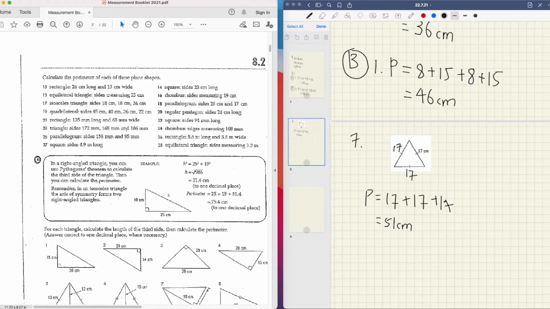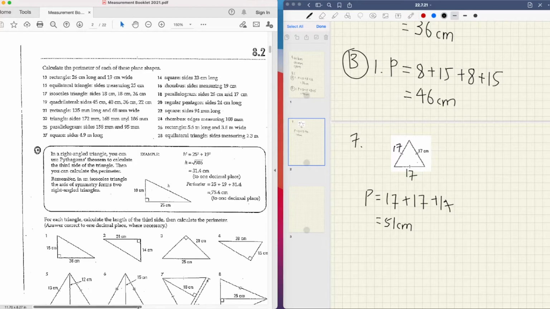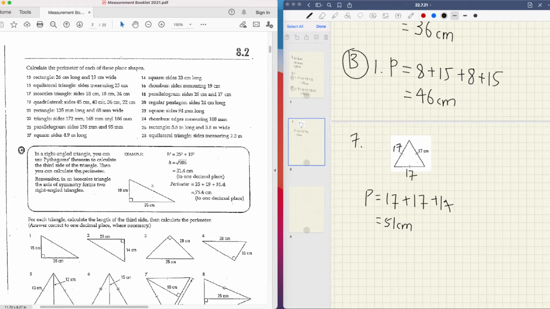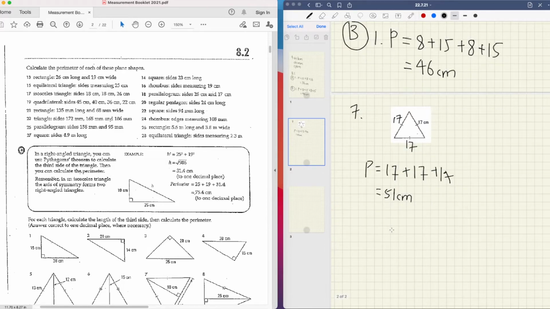The next exercise is asking you to calculate the perimeter of each of these plane shapes. Now, the challenging part of these questions is they do not draw it out for you. So you need to draw the diagrams yourself, okay? I'm going to go through some examples, and hopefully by going through these examples, you understand how to do the rest. So question 13, it's a rectangle.